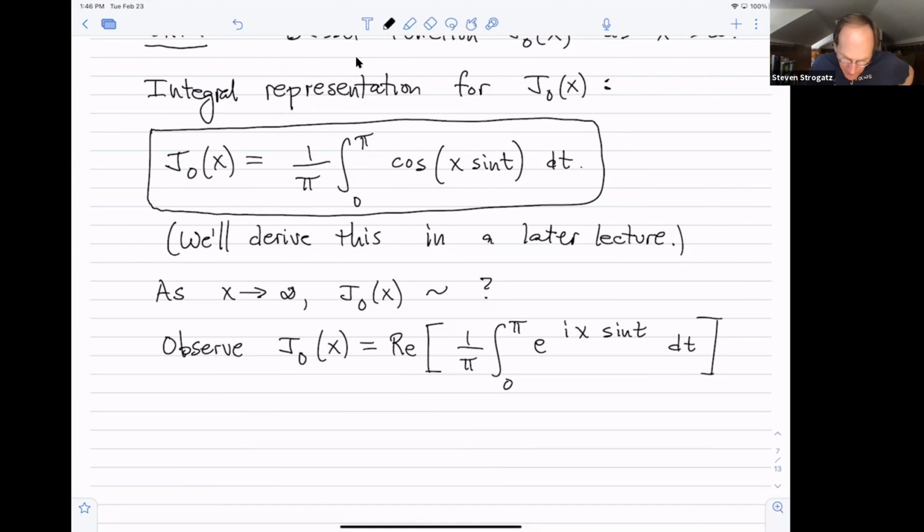And here the something is x sine t, this argument. And we only take the real part to pick out the cosine.